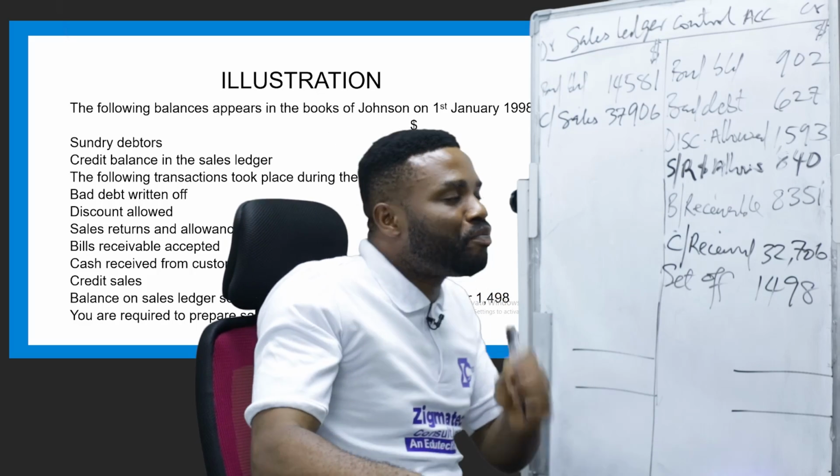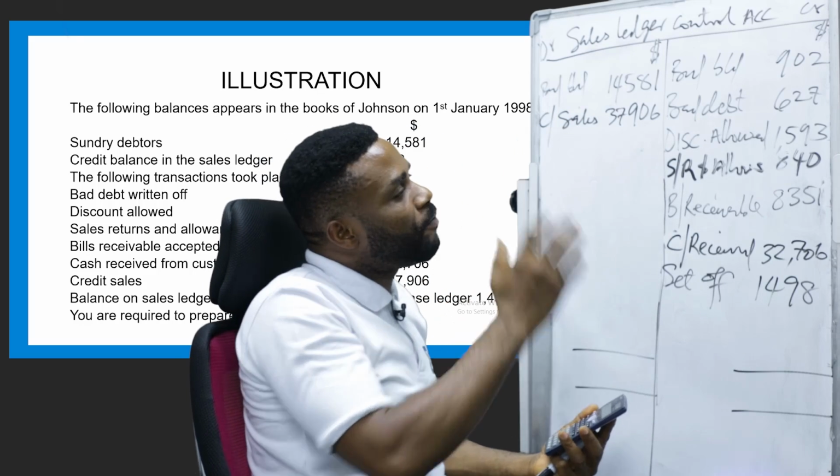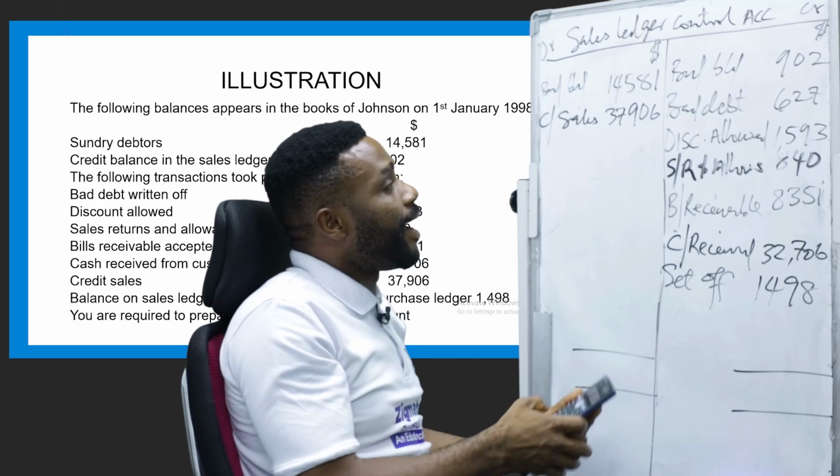Now, having said that, let's quickly pick our mathematical set to be able to add all the figures on the credit side. Let's start with 902.